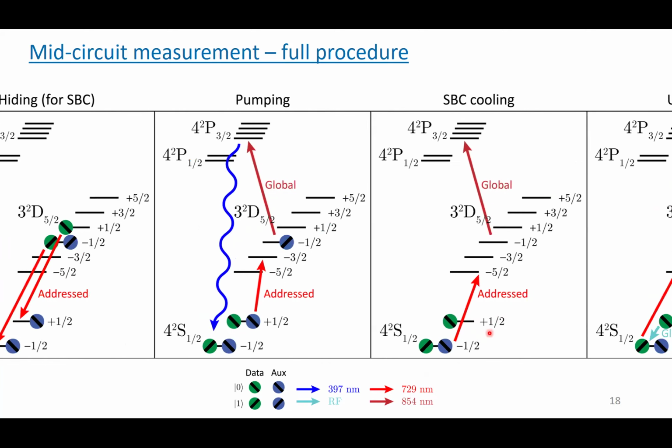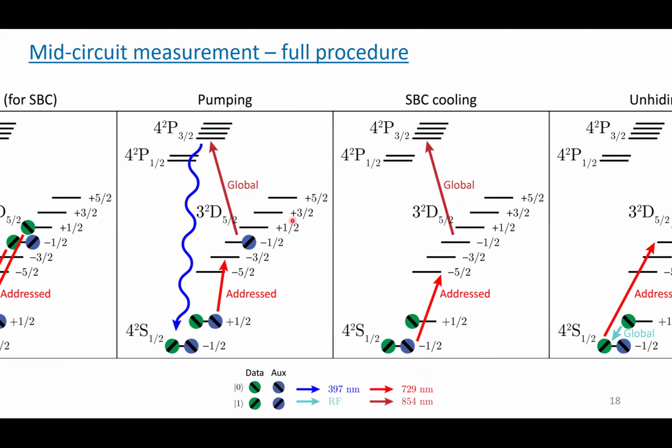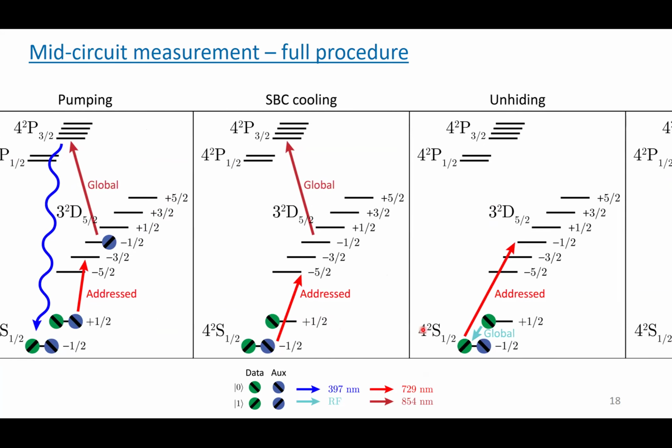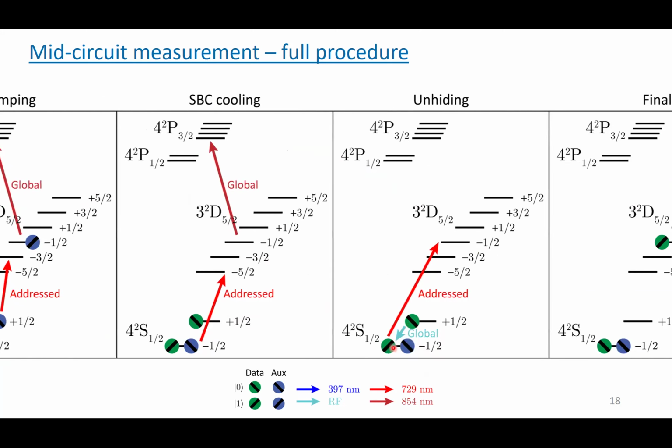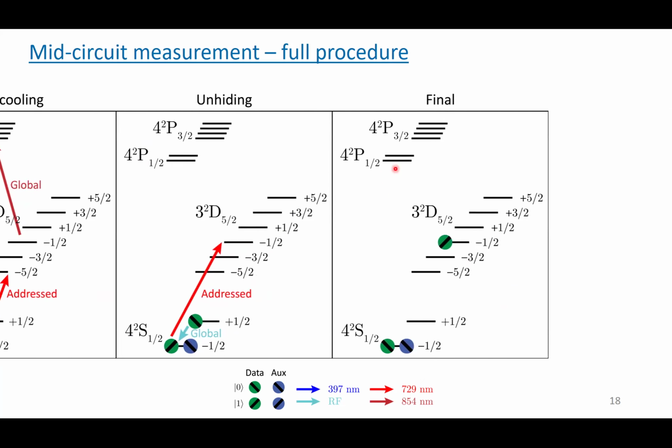Then we can do sideband cooling. Both of those procedures do not disturb data qubits. And we will end up with something like this, with auxiliary qubits initialized and the chain cooled. And now we need to unhide our data qubits to move them back to how it was, and we will end up with the desired configuration.